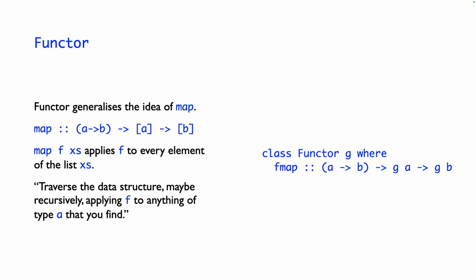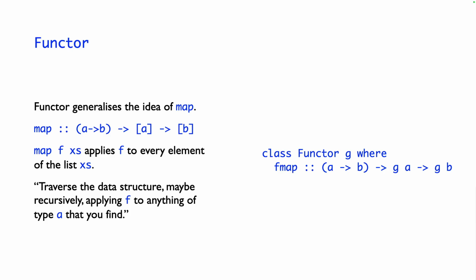Where g is the list formation, this is just the familiar map function that you see on the left. But what we do in general is we traverse the data structure, typically recursively, and we apply f to anything of type a that we find. And that's how we declare an instance of that functor type class.